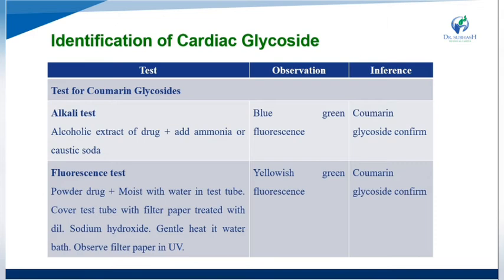Gently heat it in a water bath and observe the filter paper in UV. So the filter paper gives a yellowish green fluorescence. So they indicate the coumarin glycoside is present, okay.